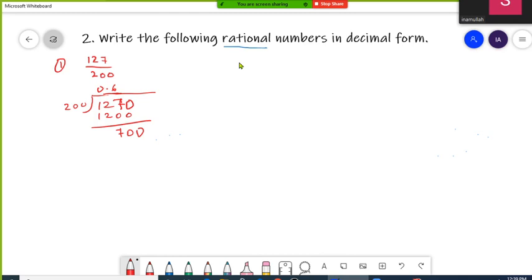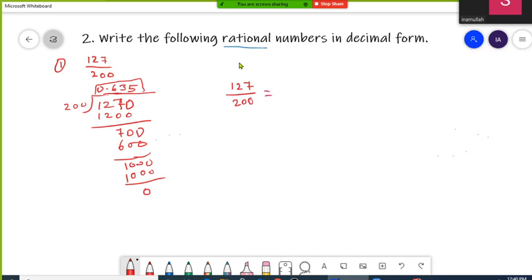Now how many times can we divide this? 3 times, 600, so you will be left with 100. You can take one more 0 here. 200 5s are 1000. So here you are getting 0.635.